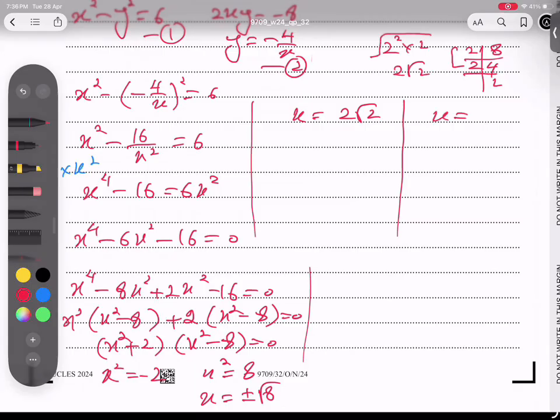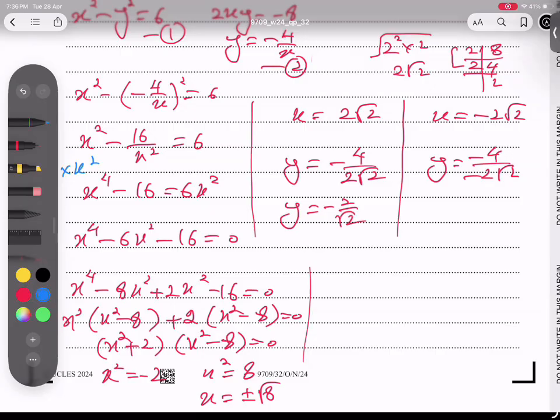One time positive and one time negative. Both values I will plug in one by one in this and get the y value. And y value is minus 4 over 2 root 2, and minus 4 over negative 2 root 2. So 2 cancels out, and I got negative 2 over root 2.